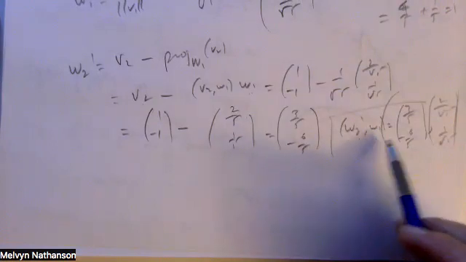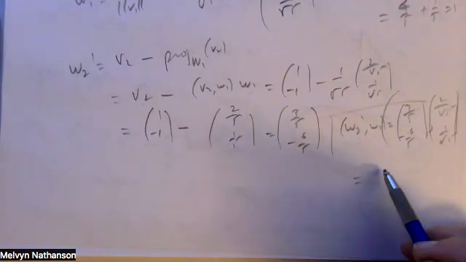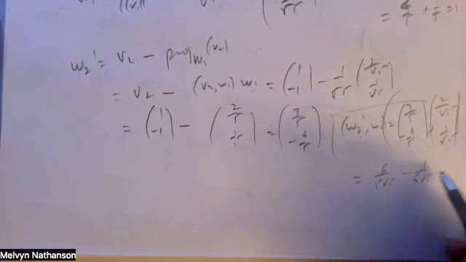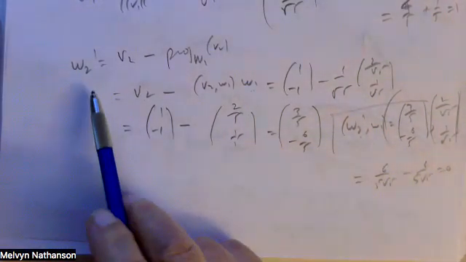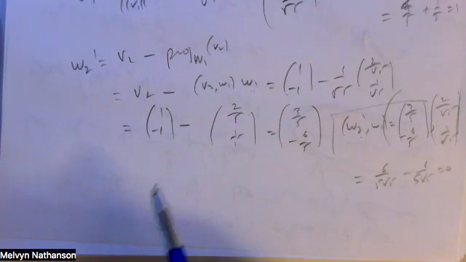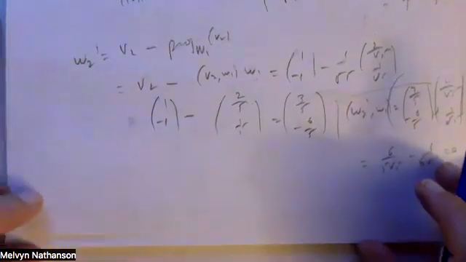And when you do that inner product, you get 6 over 5 root 5 minus 6 over 5 root 5, which is 0. So w2 prime is perpendicular to w1, but it doesn't have length 1.